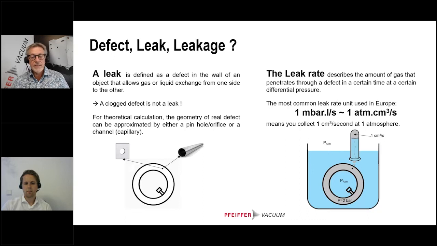That means that if you have a leak rate of 1 atmosphere cubic centimeter per second, you will collect, as you can see on the picture below, 1 cubic centimeter of gas in 1 second at atmospheric pressure. Okay.